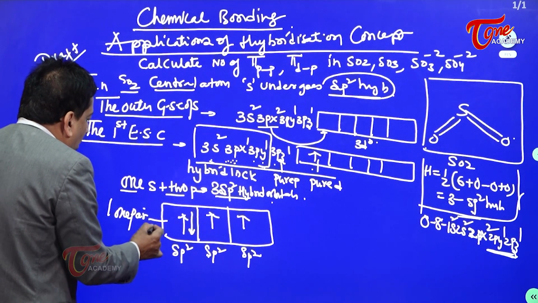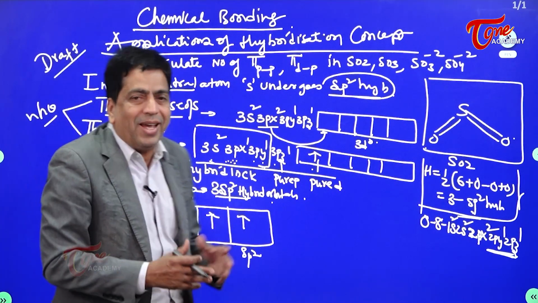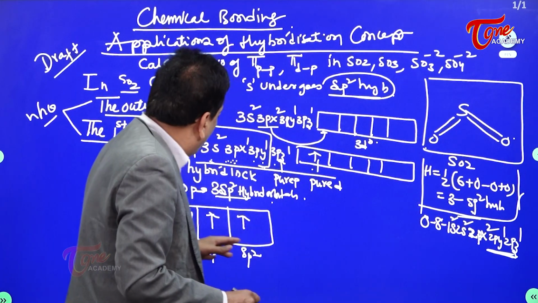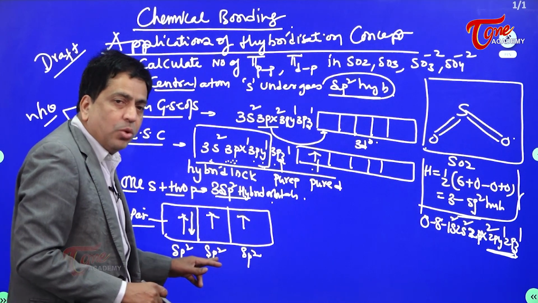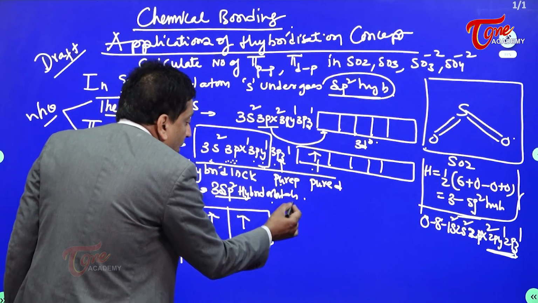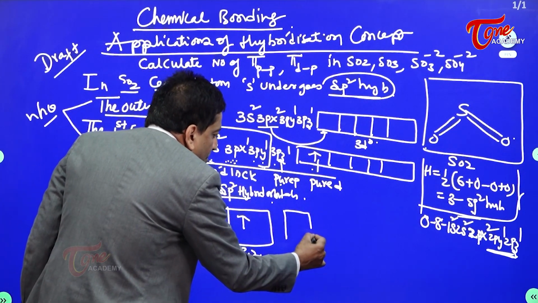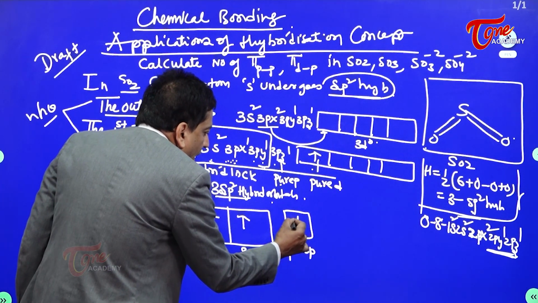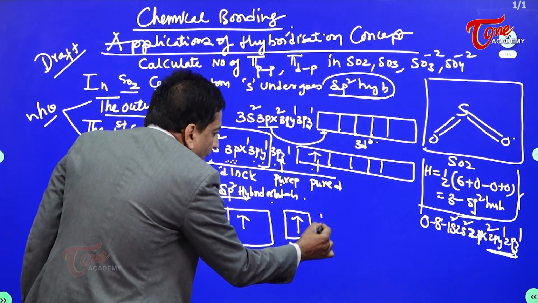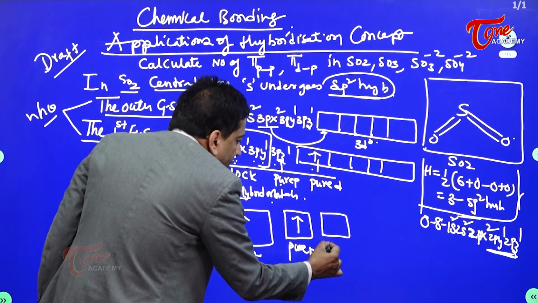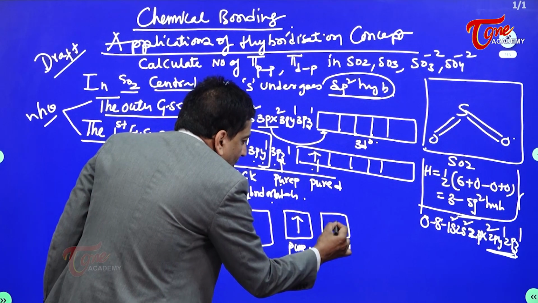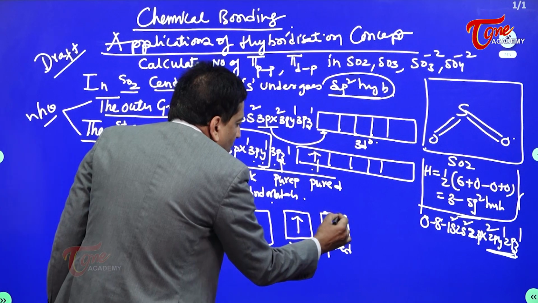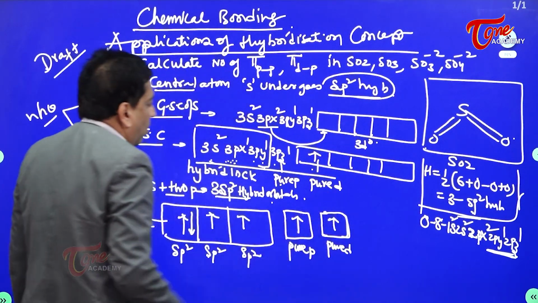Since it is a paired electron, it will not participate in bonding. Now the 2 unpaired electrons are there in 2 sp2s, and don't forget this pure P left over, and it has 1 electron here. And this is also pure D, and it has 1 electron, right?